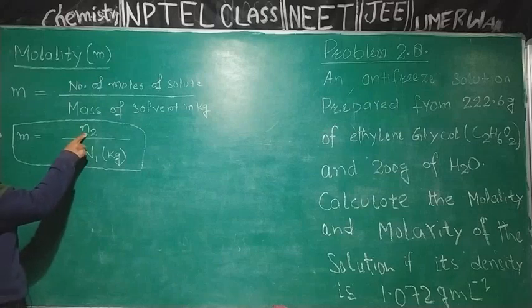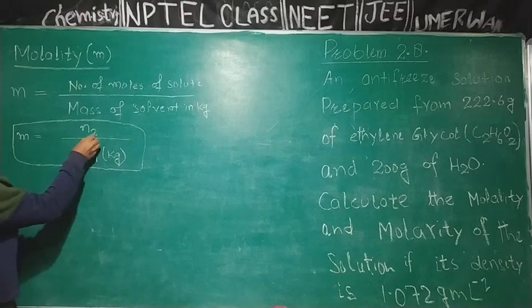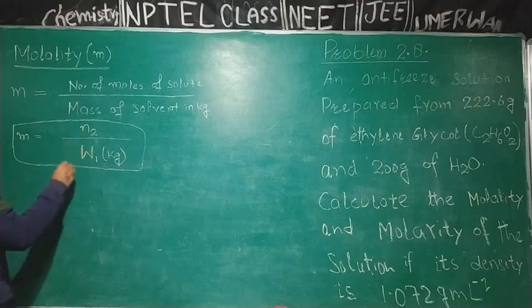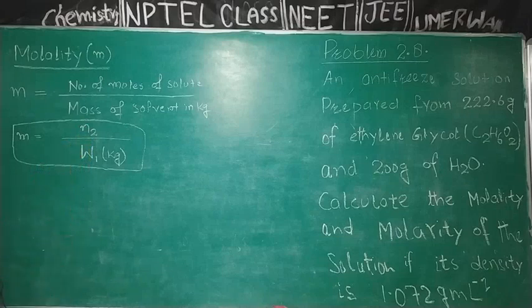Now identify amount of solute is expressed in terms of moles and amount of solvent in the denominator is expressed in terms of its mass. Thus evidence that it is the relative concentration. It is the method or unit of expressing concentration of solution or relative amount of solute present in solution.